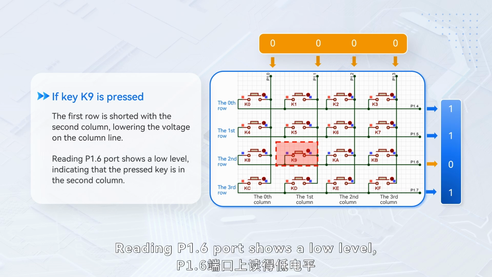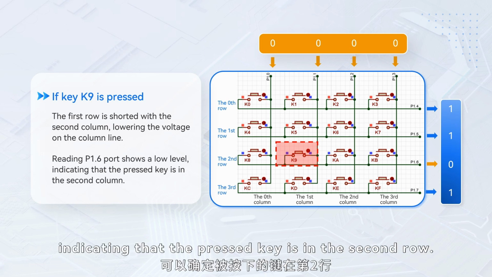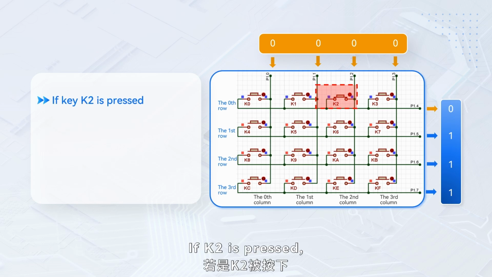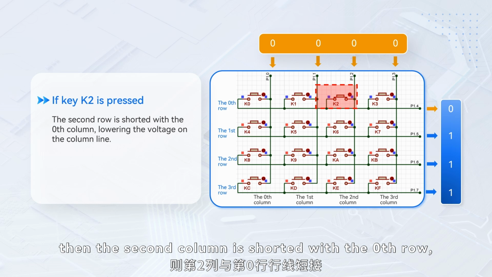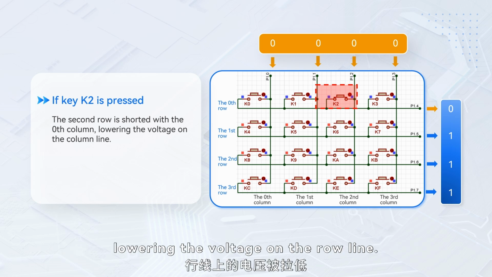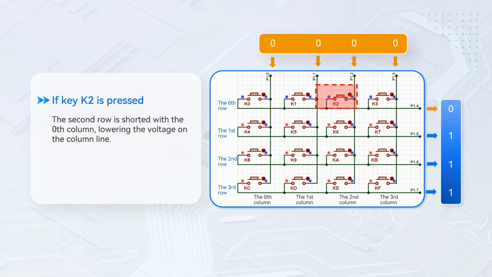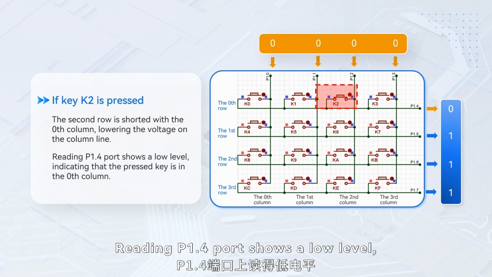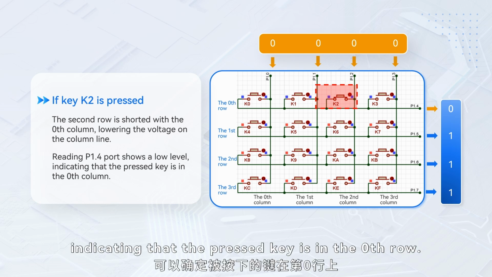Reading P1.6 port shows a low level, indicating that the pressed key is in the second row. If K2 is pressed, then the second column is shorted with the 0th row, lowering the voltage on the row line. Reading P1.4 port shows a low level, indicating that the pressed key is in the 0th row.